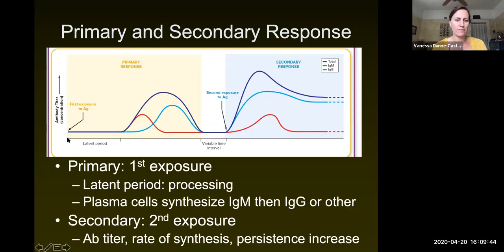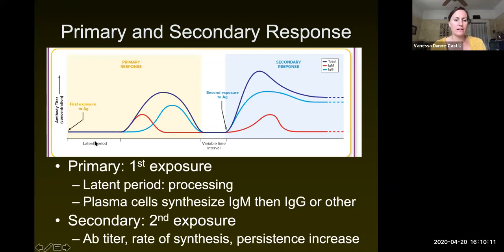So right away you have an inflammatory response that takes seconds, minutes, maybe hours, and then you have those late responders, dendritic cells and macrophages, that pick up antigen and head to the lymph node, and then they try to search for that perfect match of T helper cell. Usually this latency is because of that amount of time it takes to find that perfect interaction between that antigen presenting cell and the T helper cell.